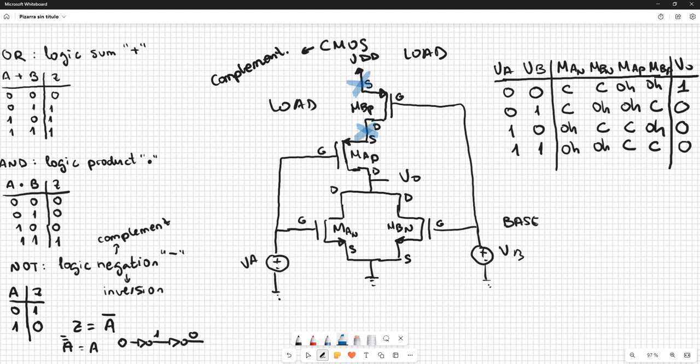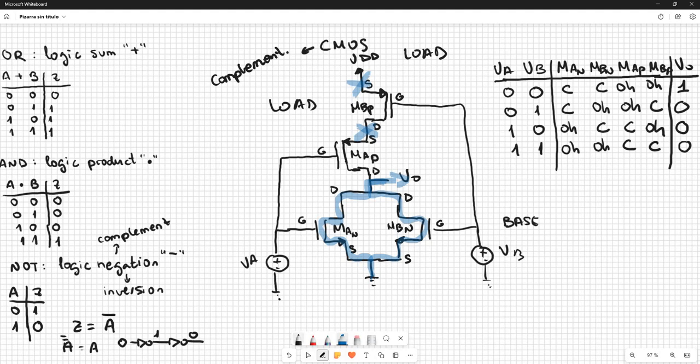There is no way for the supply voltage to reach the output. But here, ground can choose this way or this way. So it's going to be able to reach the output. So the output is going to be ground, that is 0 volts, that is a logic 0.